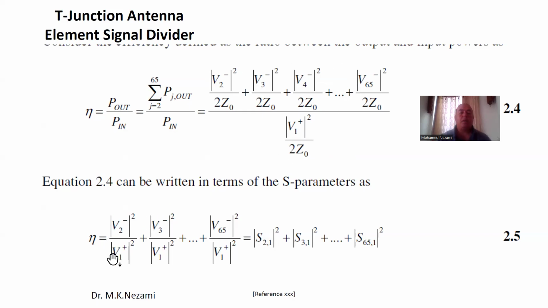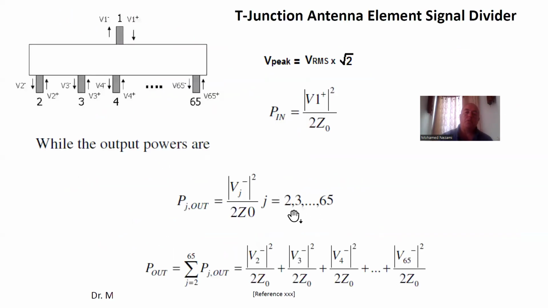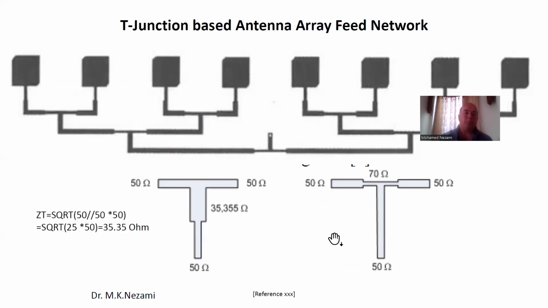Since everything is divided by the same thing, if you spread this out, it turns out that all this is really just the S parameters, the NM parameters, where N and M are the dimensions. So you take the S parameter magnitudes, sum them from port 1 to all of the other ports, and that's really your efficiency.